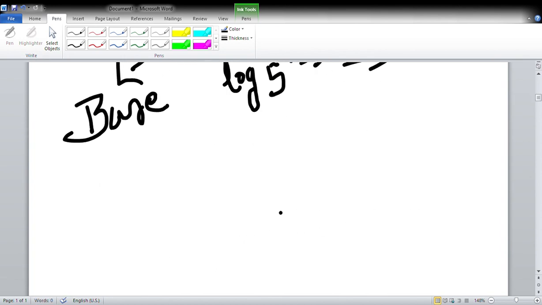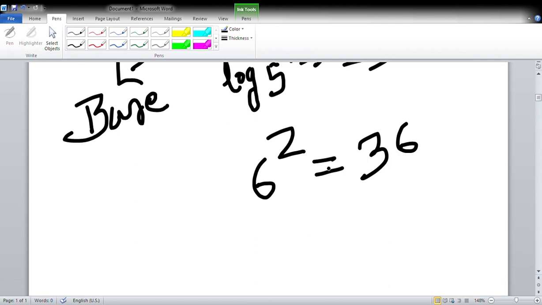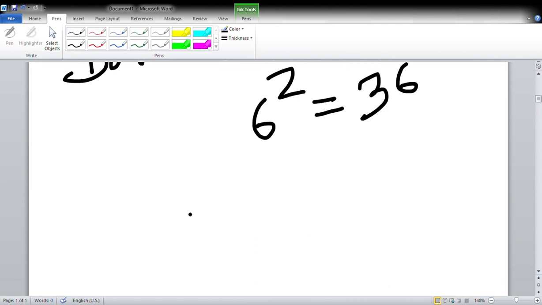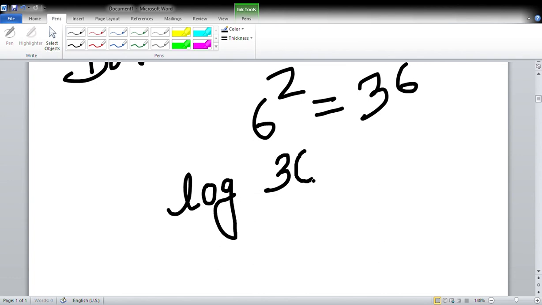So if you write 6 to the power 2 is equal to 36, this is written in exponential form. If you really wanted to convert in logarithmic form, you simply write log of 36 with the base 6 is equal to 2, right? Simple thing.